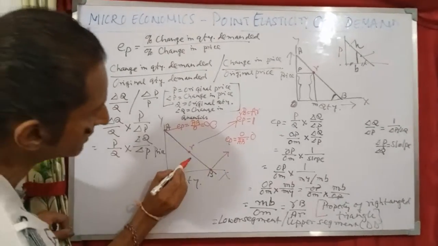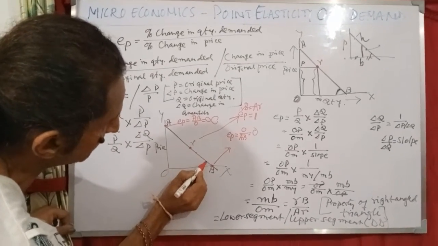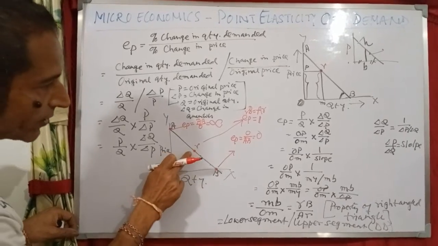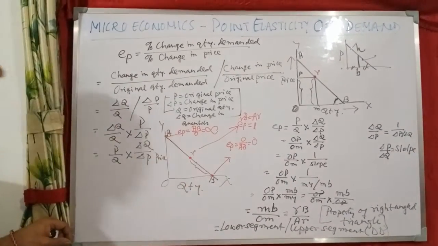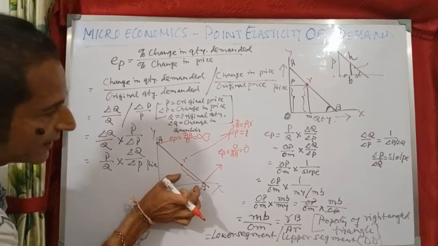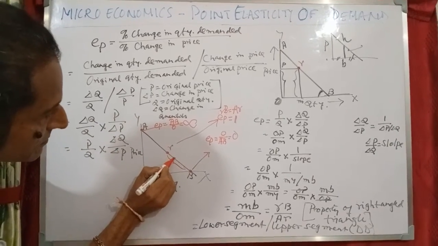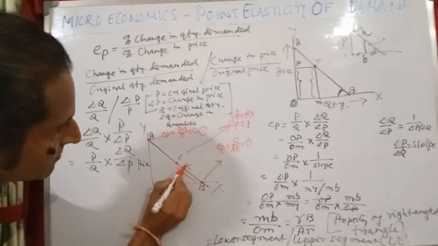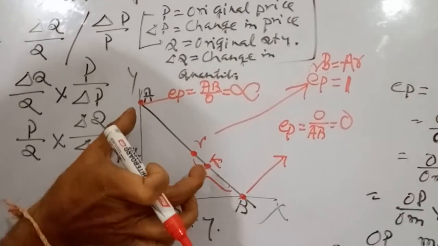At any point in between R and B, it can be here, it can be here, it can be here, the lower segment is lesser than the upper segment. Say this is point K. At point K, lower segment is less than upper segment.